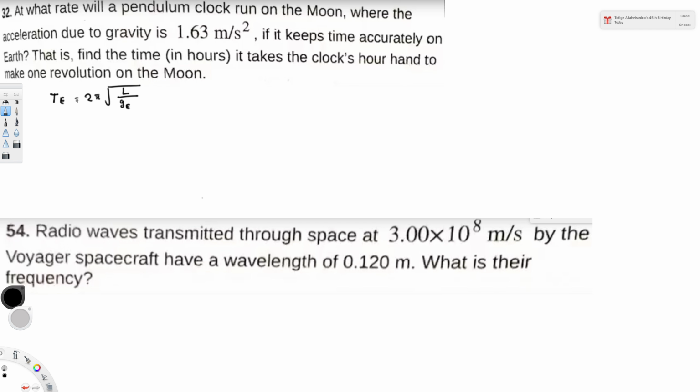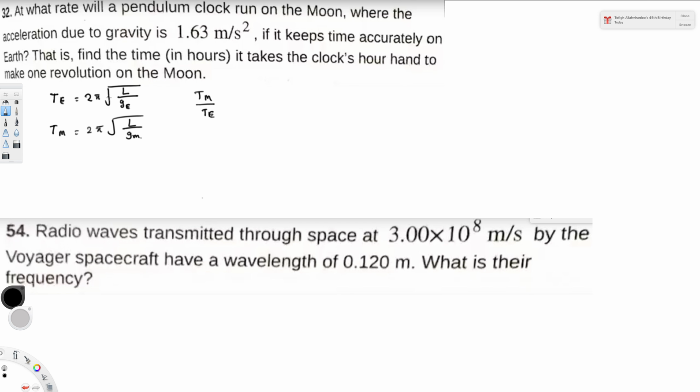E refers to the Earth, but in this case we are dealing with the moon, so the moon equation is going to be the same thing, but the only difference is that the period and the acceleration due to gravity are related to the moon. So if I create the equation, this is going to be T_m equal to 2 pi square root of L over g_m.